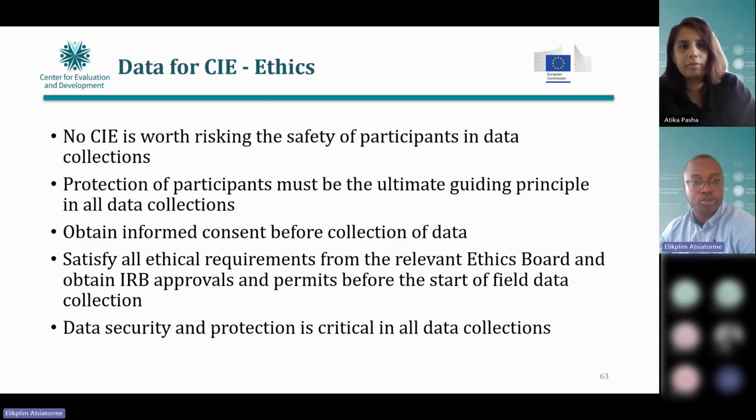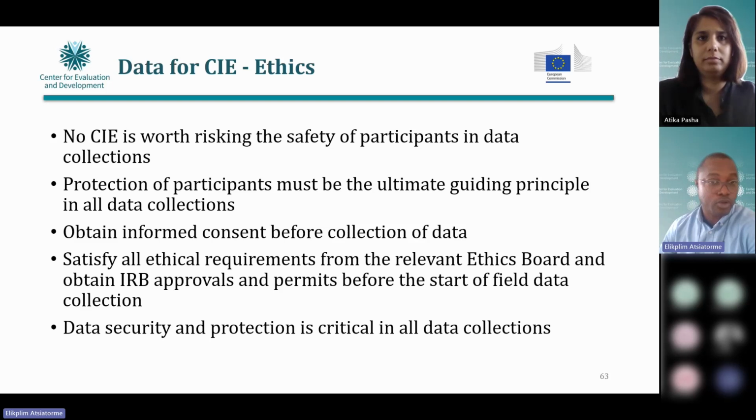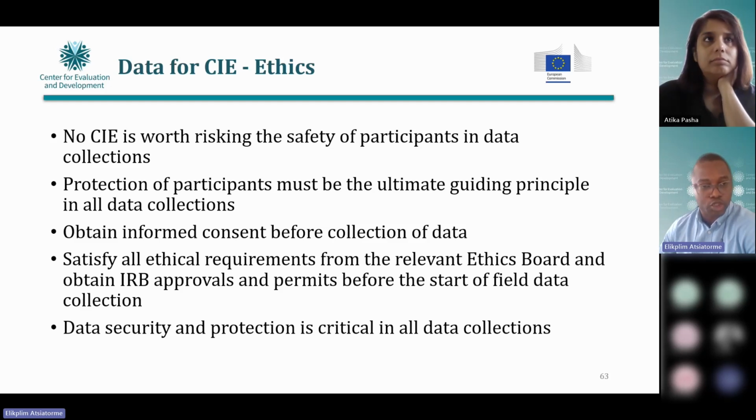You need to make sure that you apply to the relevant ethics board for ethical clearance before you collect data. And so we stressed also on these things. Data security and protection is one of the issues which, as data collectors, we always have to ensure, that we protect the identities of participants. And so we stressed also on this.